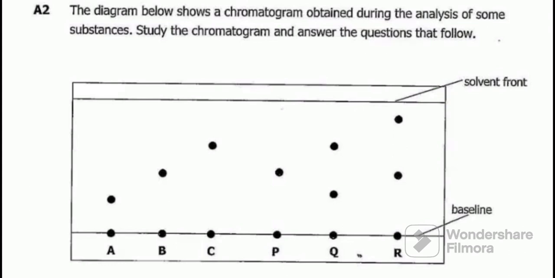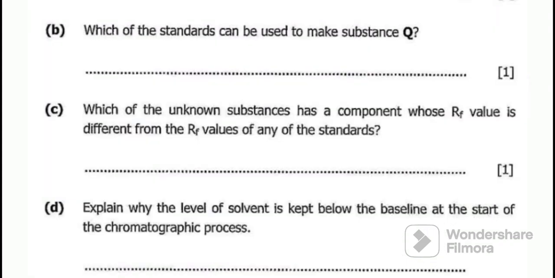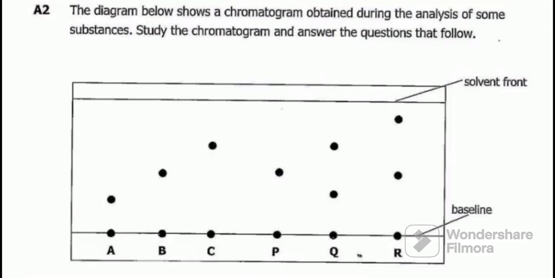Which of the unknown substances has a component whose RF value is different from the RF value of any of the standards? Which of the unknown substances has a component whose retardation factor value is different from the retardation factor value of any of the standards?